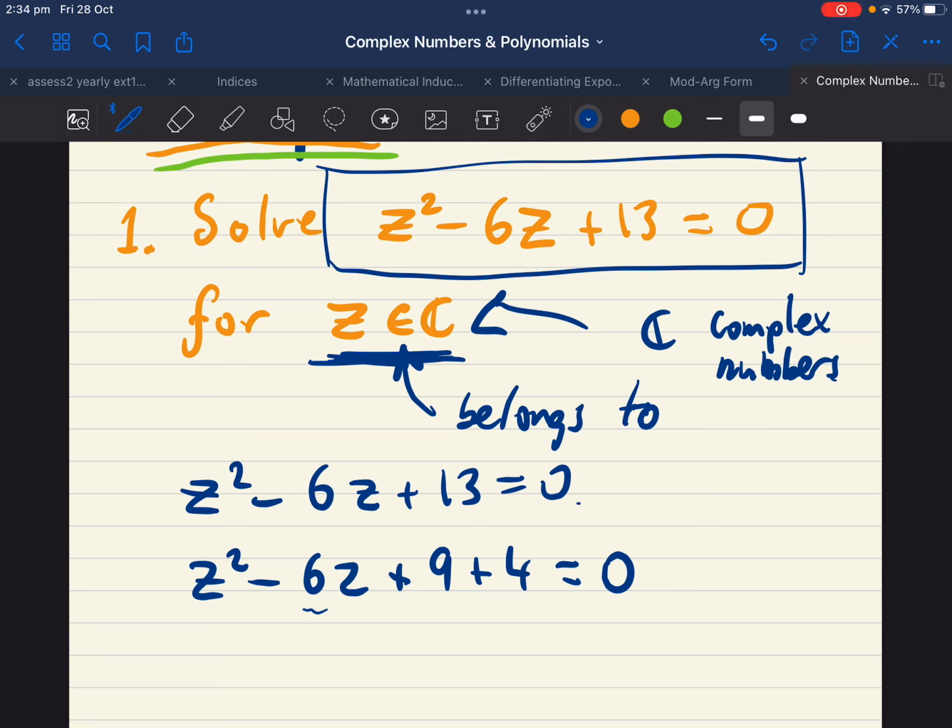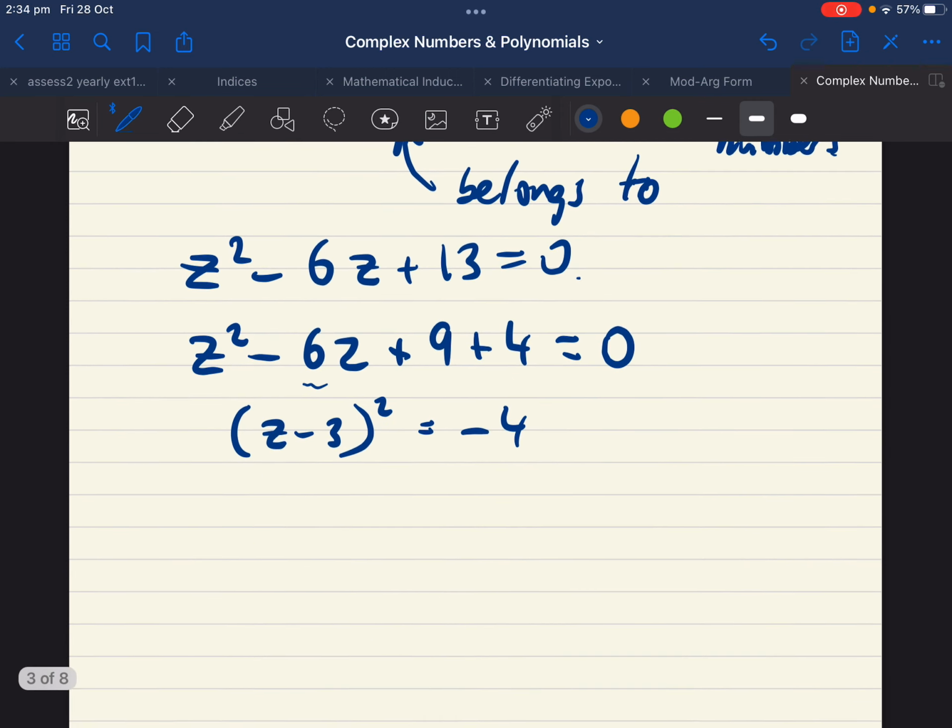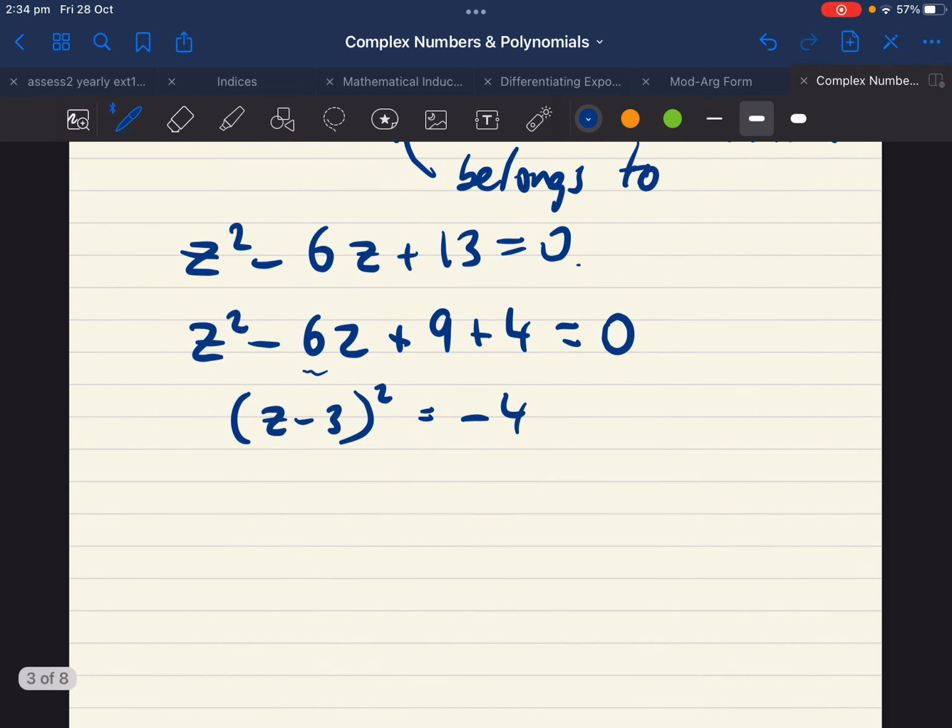allowing us to then take these 3 terms and complete the square. So you end up with z minus 3 all squared. The positive 4 I'll take across to the other side. And normally you'd have big issues here with having to square root this negative number.